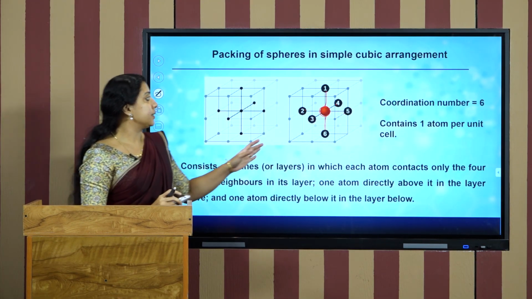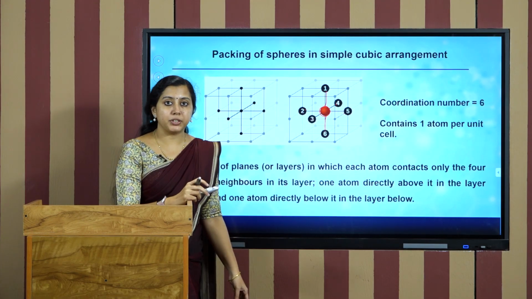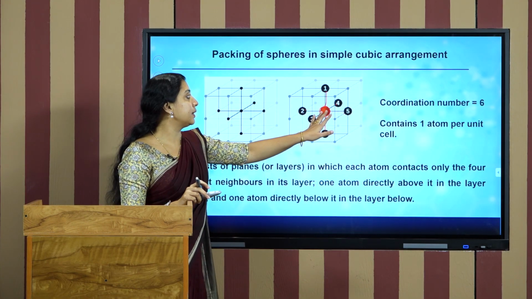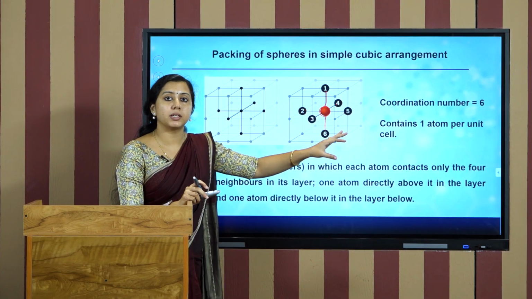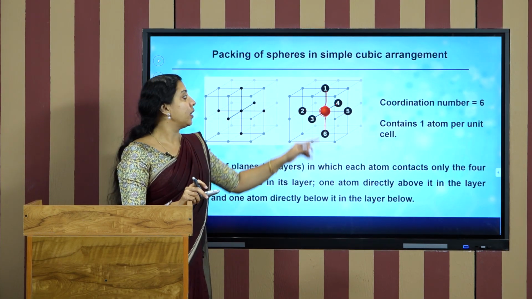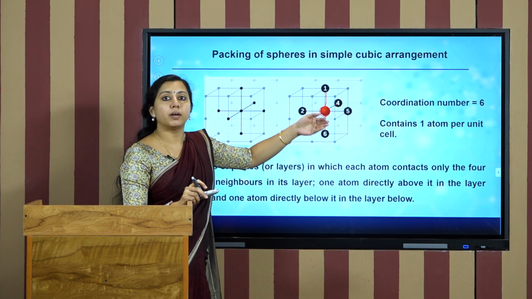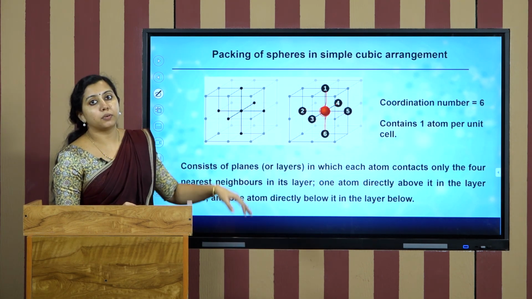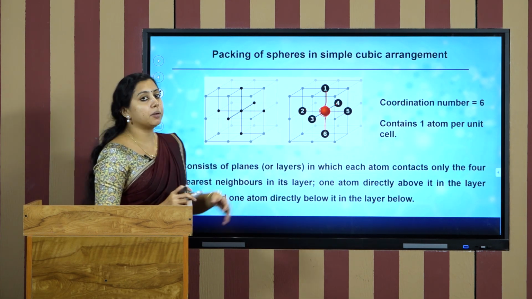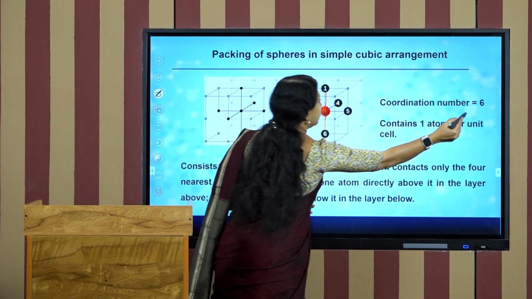So, in a simple cubic lattice arrangement, an atom in the center will be in close contact with 4 nearest neighbors in its own layer, one atom above the layer and one atom below the layer. So, total 6 surroundings. So, the coordination number will be equal to 6.